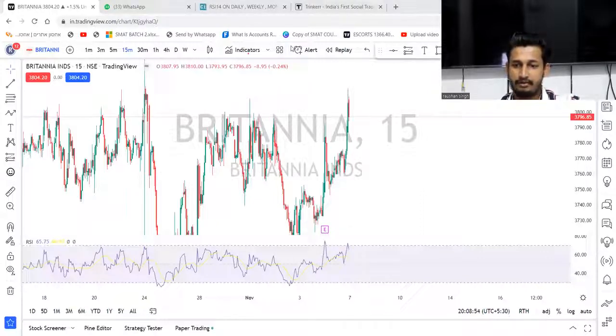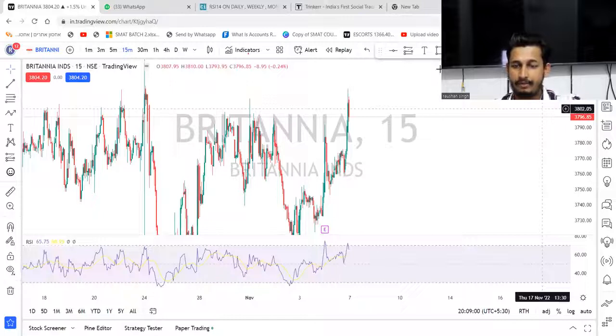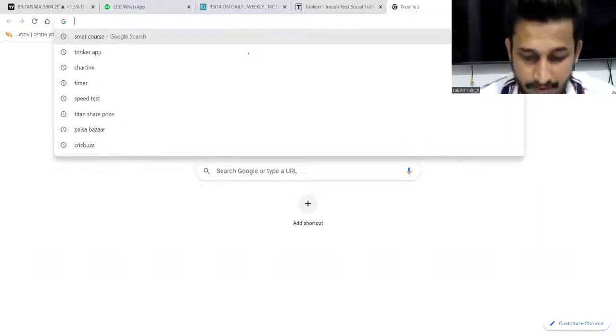Moneycontrol also shows the stock recommendations. See, there are many, I'll tell you. One thing, why you don't need to follow the stocks recommended by anyone. Let's go for some stocks which have gone up today.